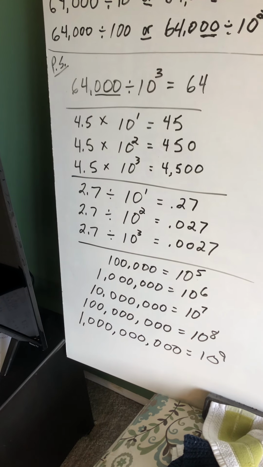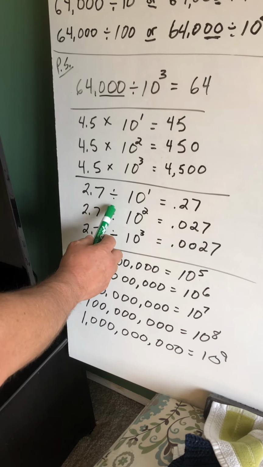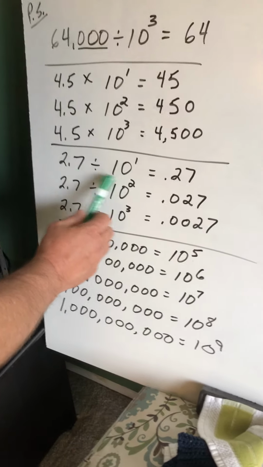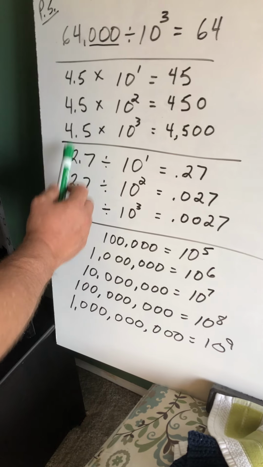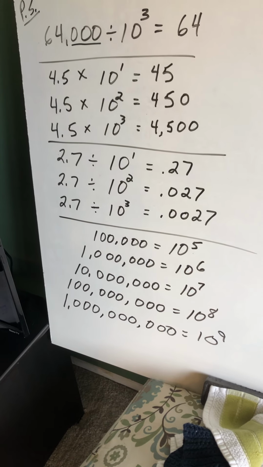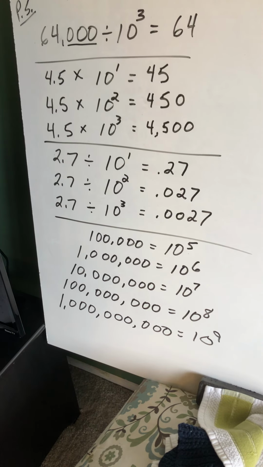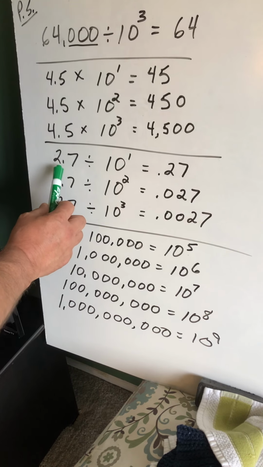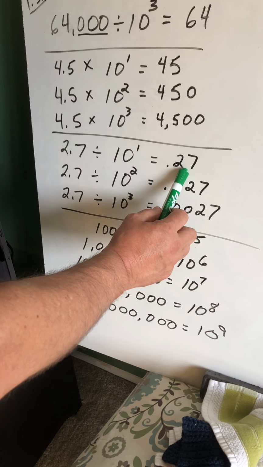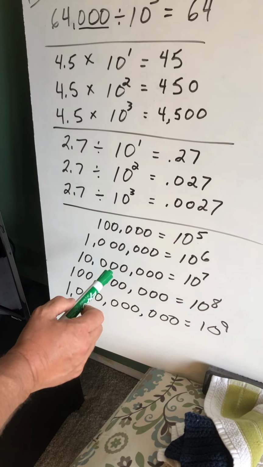So then the book went down, the problem string was dividing by powers of 10. Okay? So now we're dividing by 10. So you remember, if you're dividing by 10 or 100 or whatever, you move the decimal however many spaces 10 gets, how many spaces 100 gets, and so on. So 2.7 divided by 10, or 10 to the 1, is 0.27, because it just moved once.